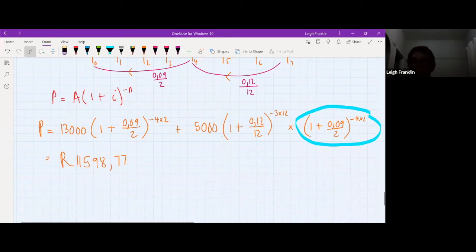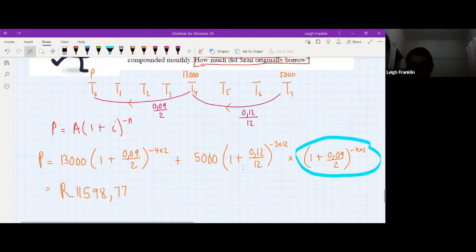Ma'am, I mean, why does the 5,000 that he paid in the 7th year also have the full interest, like the 3 times 12 and the -4 times 2?